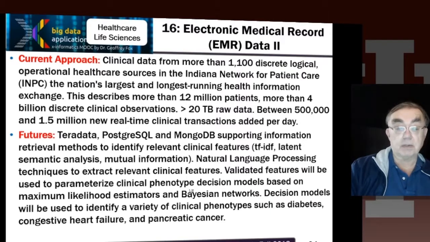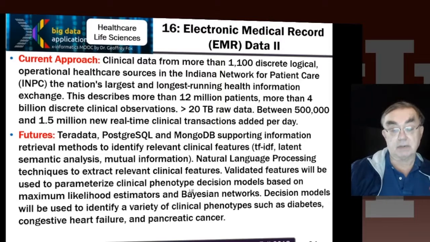And then we're going to use large-scale maximum likelihood methods and Bayesian networks to build decisions. So this is machine learning. Then these machine learning models will be able to work in areas such as diabetes, heart failure, and cancer. We will have a diabetes use case later on.